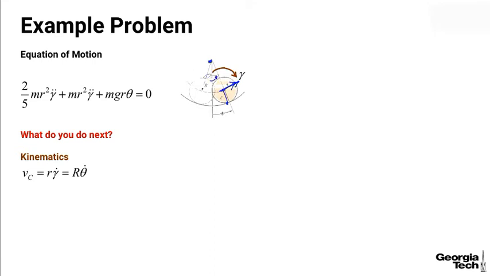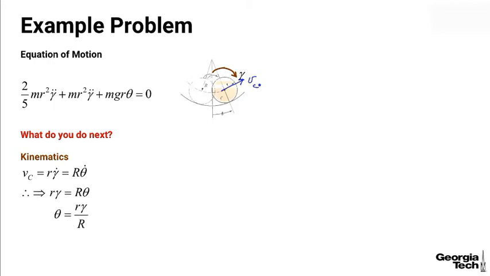So little r gamma dot and big R theta dot both are an expression for the velocity of the center C. And so knowing that, I can choose as my initial conditions gamma and theta in some zero position and integrate, and I find that little r gamma is equal to big R theta.